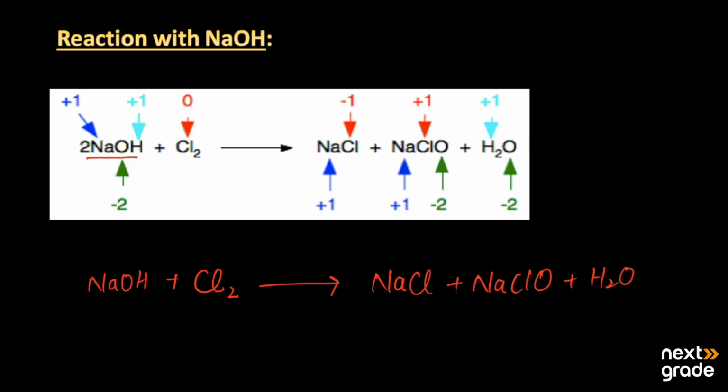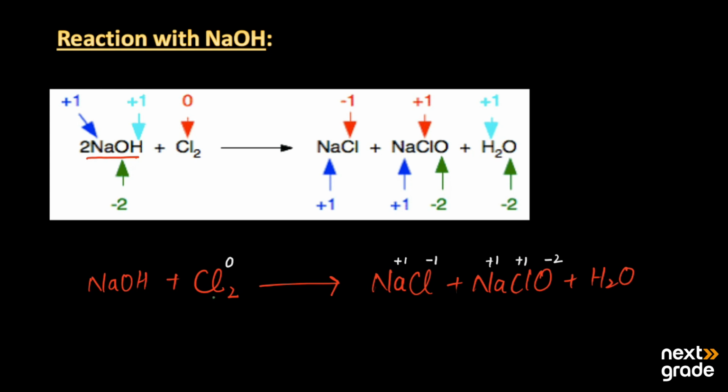Now by assigning oxidation states, chlorine in the free state has oxidation state 0. But after the reaction, sodium has +1 oxidation state and chlorine in NaCl has -1. In NaClO, oxygen is -2 and sodium is +1, so to neutralize, the chlorine has +1 oxidation state.